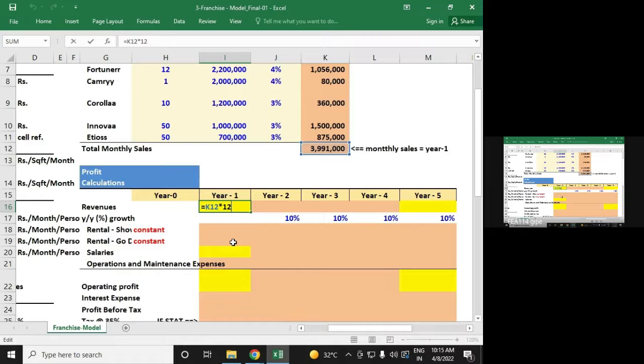Okay, what is the operating profit for year 1? $676, correct, 6 lakhs.